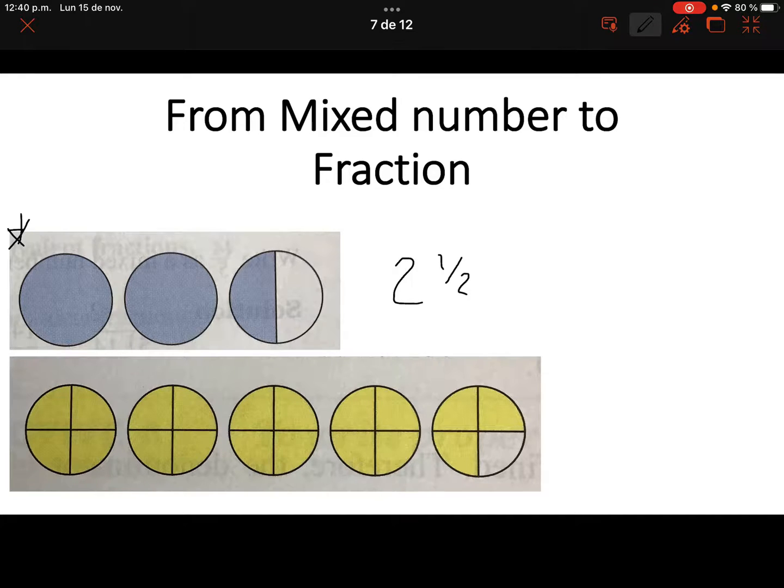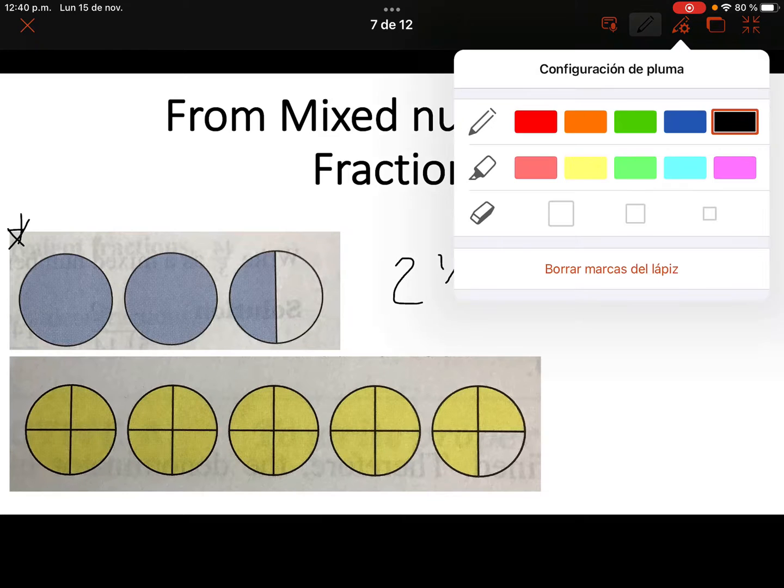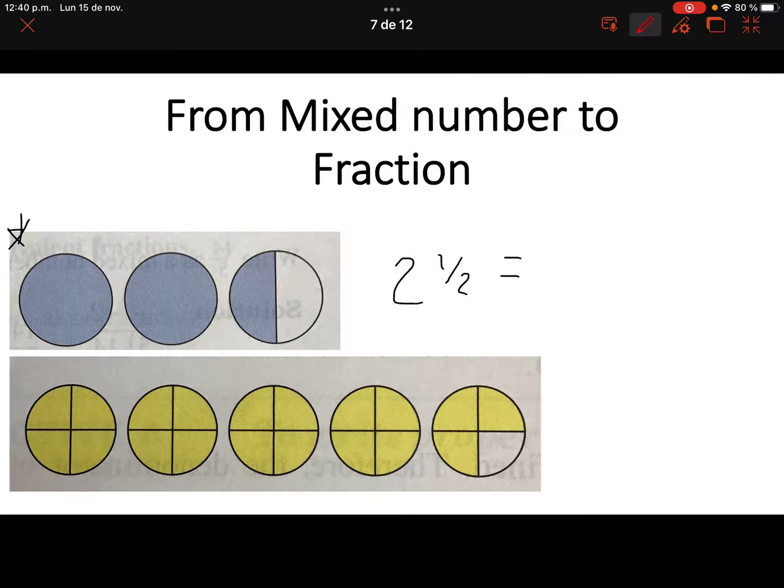Okay, in a fraction way, we have to divide each circle exactly the same. The third circle is divided exactly in half. Then we also have to divide all the others into equal parts. If we divide all of them in 2 parts, then the denominator is 2, not 4.